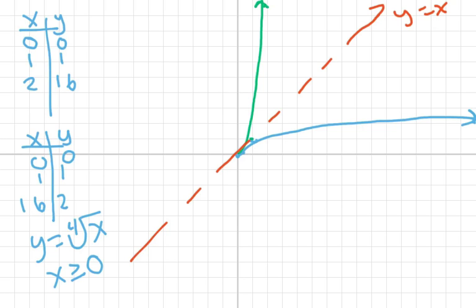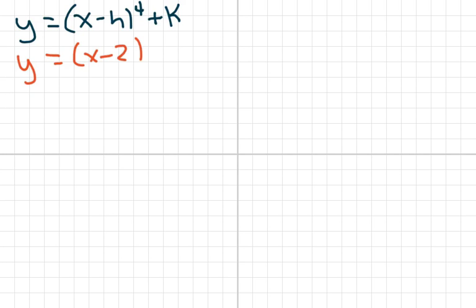Okay, and we're going to do the general form of the transformation, which would just be the same thing as before. So it's y equals (x minus h) to the fourth plus k. So the first one, let's just shift this to the right by 2.